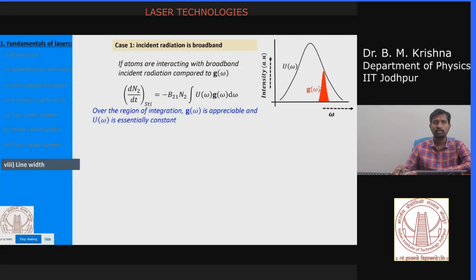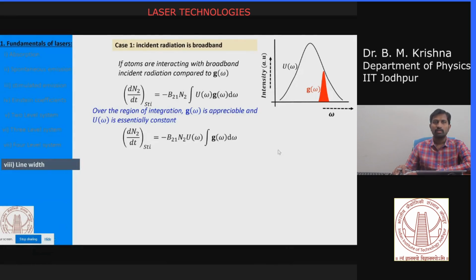In that region your g of omega is appreciable compared to your U of omega, so U of omega is essentially a constant. We can take it out of the integration. So now dN2 by dt, the rate of change of stimulated emission, equals minus B21 N2 U of omega times the integration of g of omega d omega.